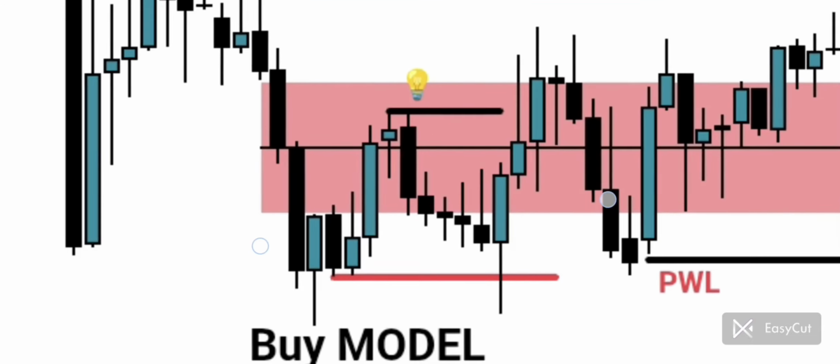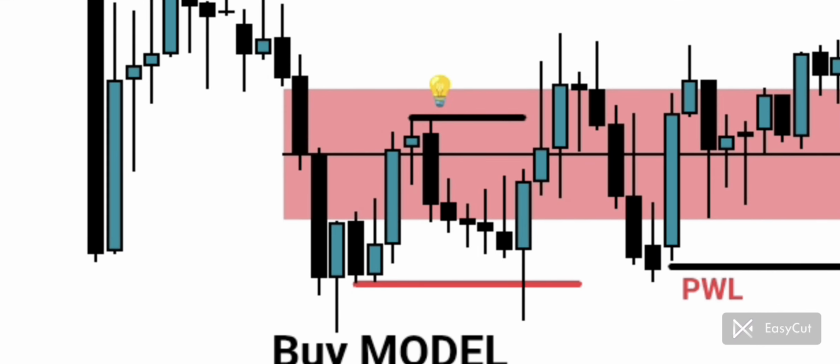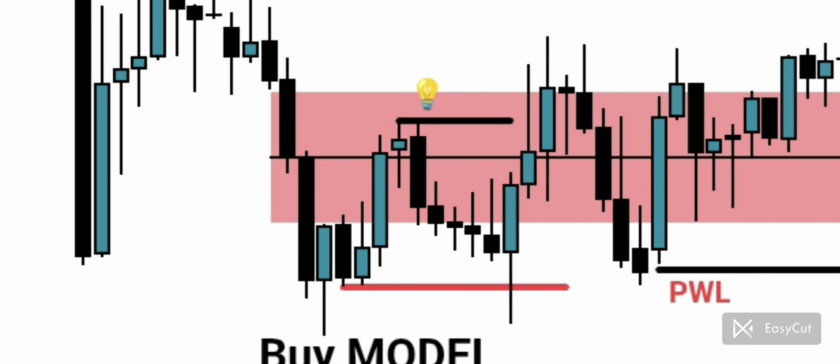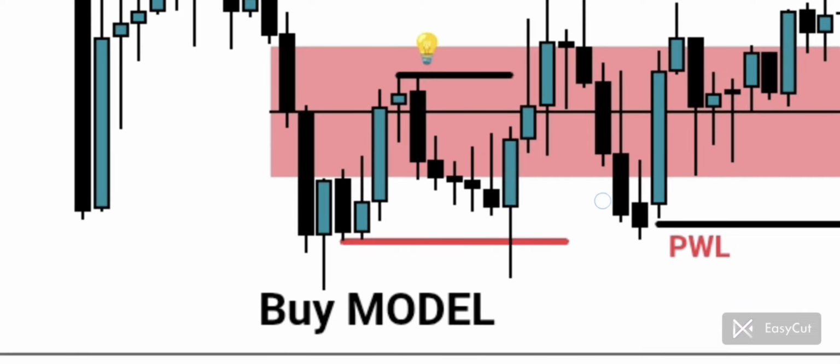This is it. This is a high formed in an imbalance. You can see this red range from the low of this candle to the high of this candle. We are taking the two fair value gaps as consecutive imbalances. So the low formed here, and what did we see?